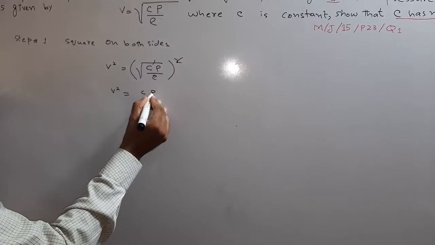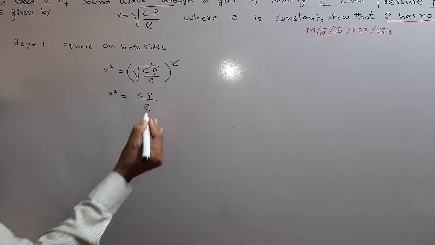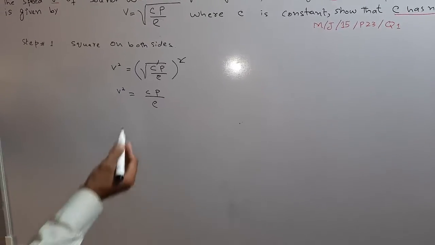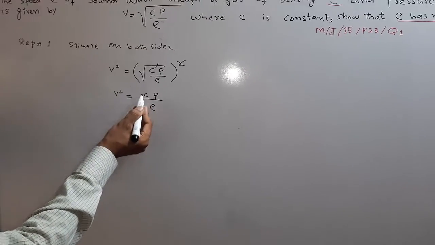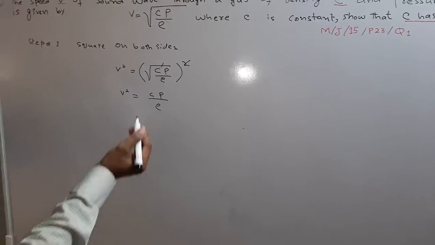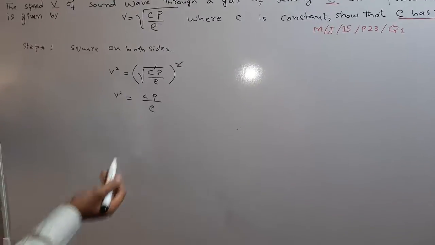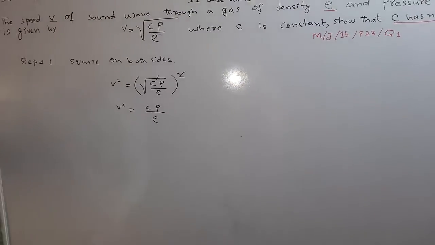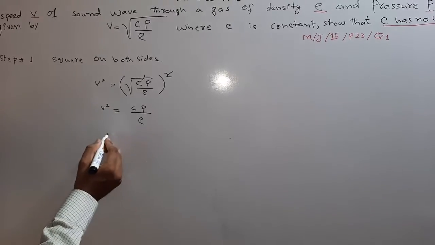The square is cancelled with the square root. Now we need the SI base units of Cp, rho and V.